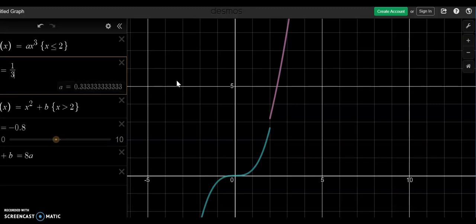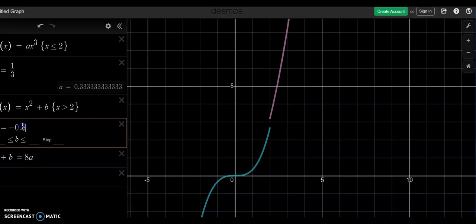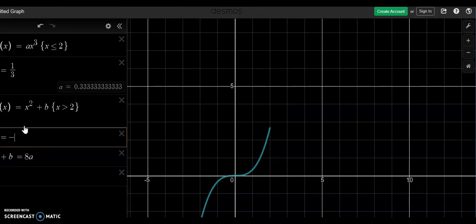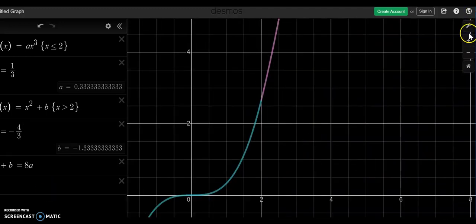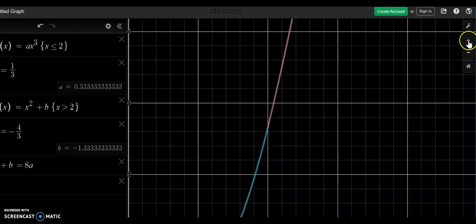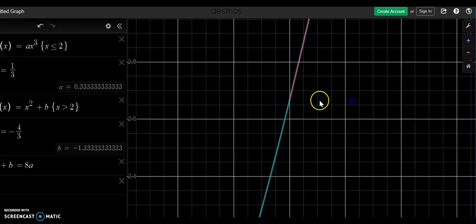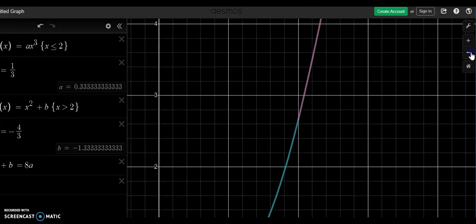And if a is 1/3, then that will make b be negative 4/3. And what I have created is a piecewise function that perfectly glues together at 2 with the same slope, locally linear. It's like the green and the purple are one line when you zoom in.